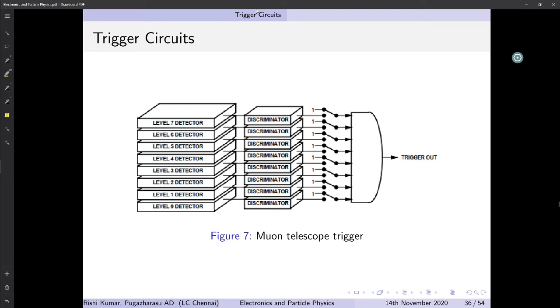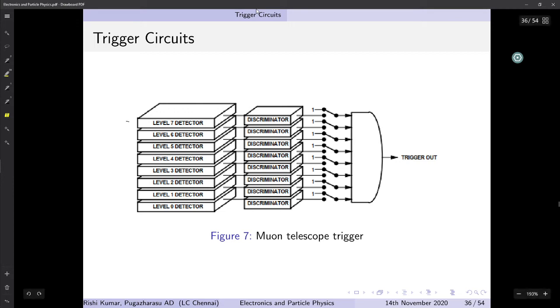In our case, we're looking at a muon, and a muon essentially crosses the telescope and hits a bunch of these levels. That can be tracked, and the muon trajectory can then be found. How do I find out the muon's path is a good question.